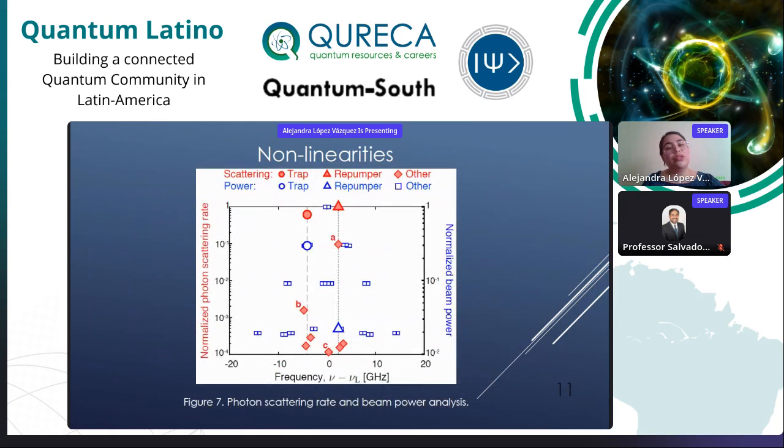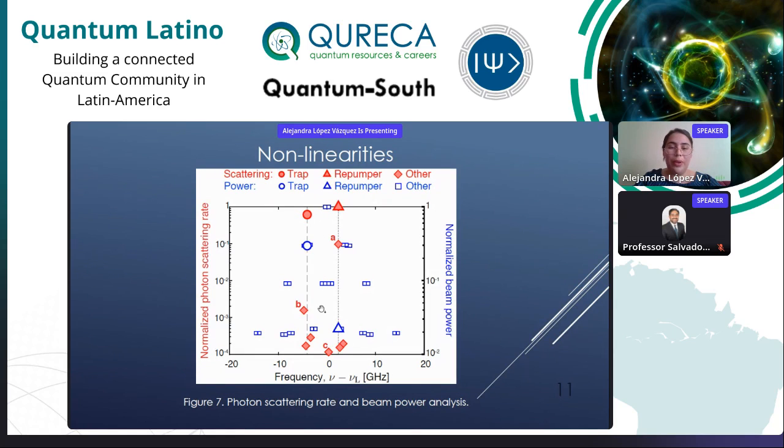Sin embargo, nosotros hicimos un análisis de la potencia que debería tener cada una de estas potencias iniciales y que sus no linealidades nos provocaran dispersión de fotones en comparación con las frecuencias deseadas, ¿no?